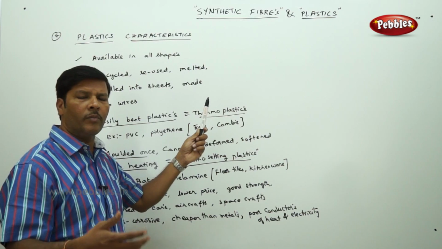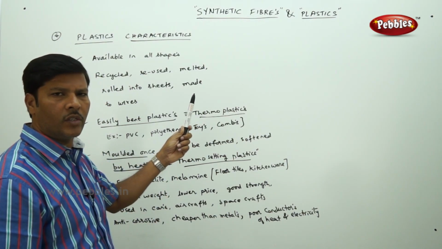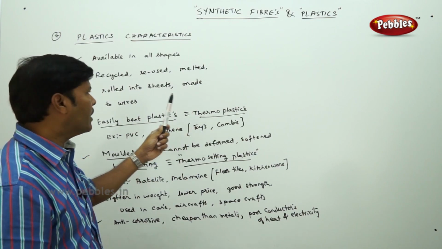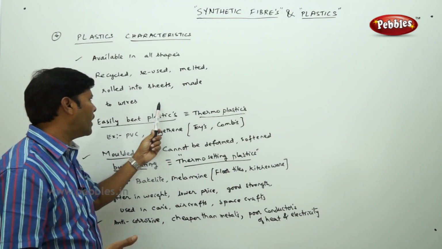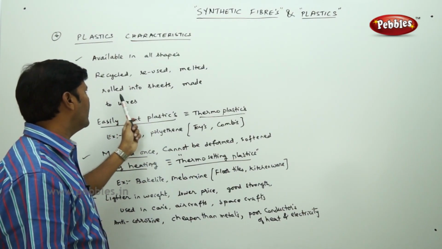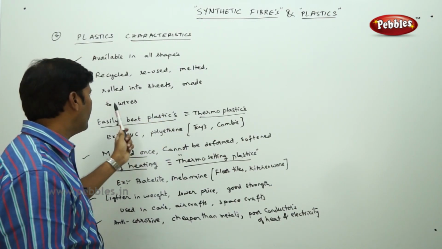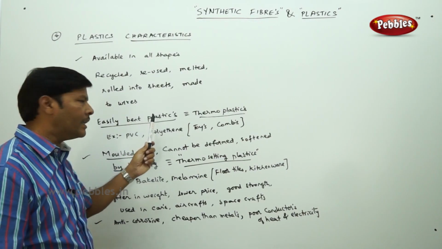So they cause irreparable damage to the soil texture, that is the quality of the soil, making it unfit for the growth of plants and animals. That's why it is recycled, reused, melted, rolled into sheets, and made into thin fine wires depending upon the daily need.